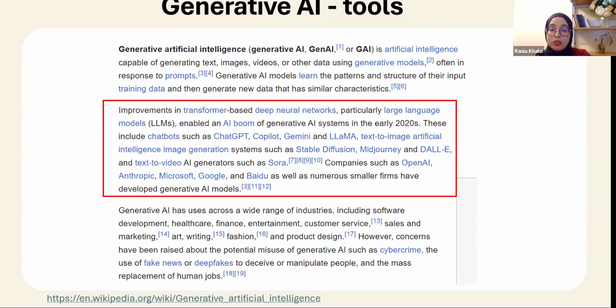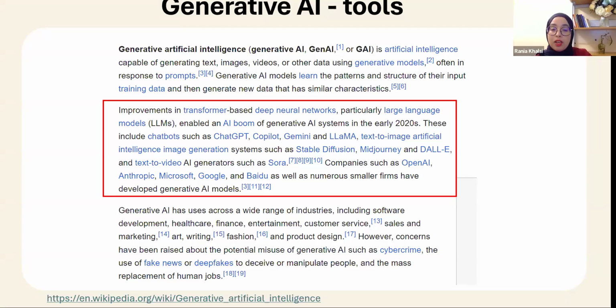Today, many of us interact with these tools on a daily basis, and they rely on these models.